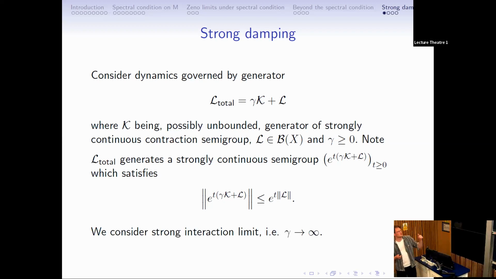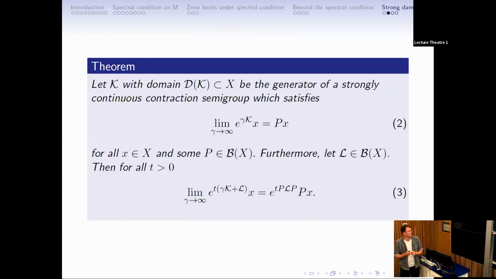And we are interested in the strong interaction limit. So we want K to be dominant. It plays the role of the M, where M gets n applications, but L gets only finite time T. And we're interested in what happens if we crank up the strength of K. And that's the result. So we again consider the scenario where K is strongly mixing.